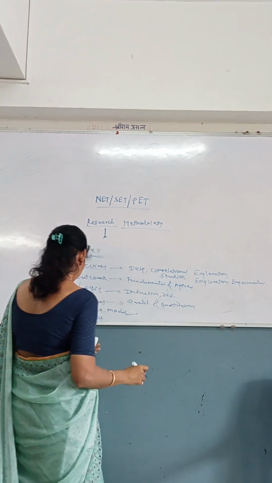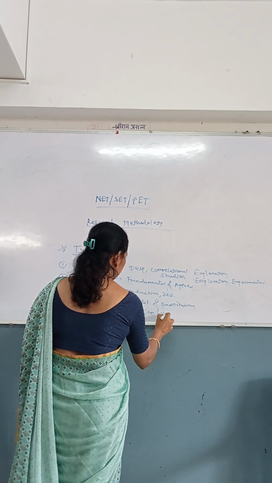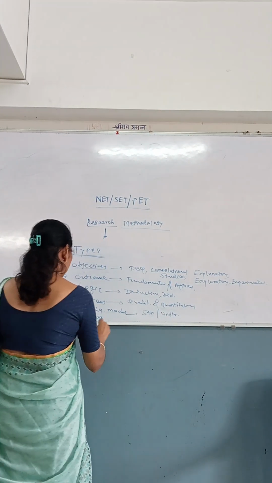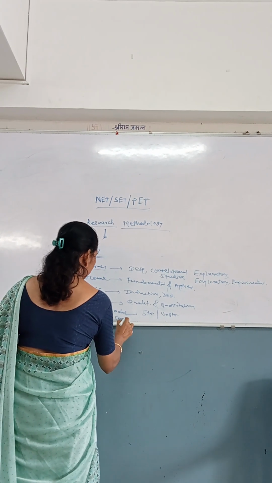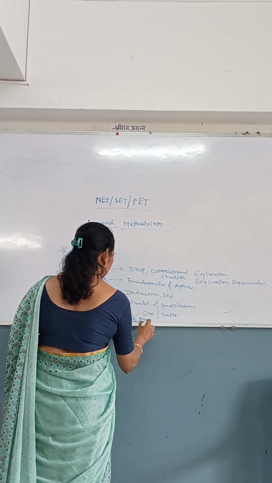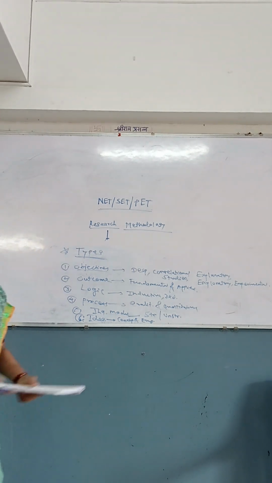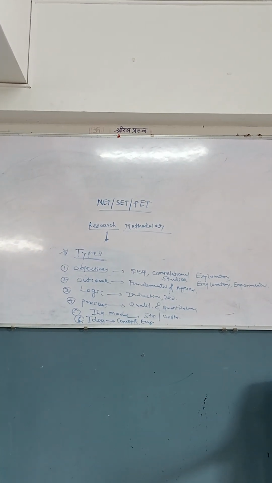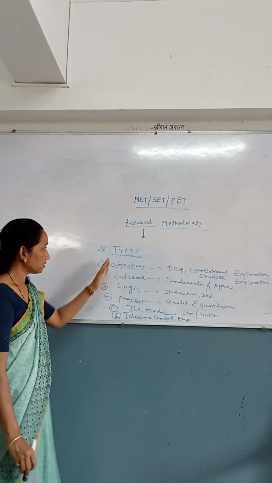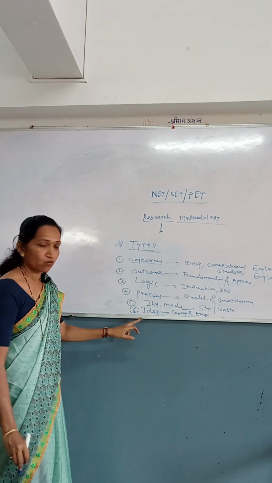Then inquiry mode, structured and unstructured. And the last one is the idea, that is conceptual and empirical. So these are the types on the basis of objectives, outcome, logic, process, inquiry mode and idea.